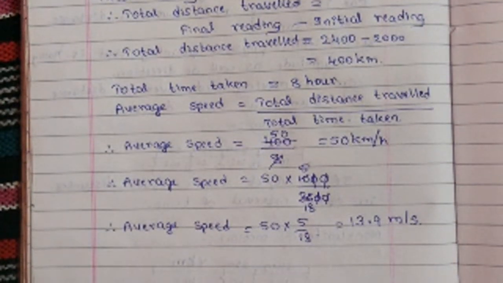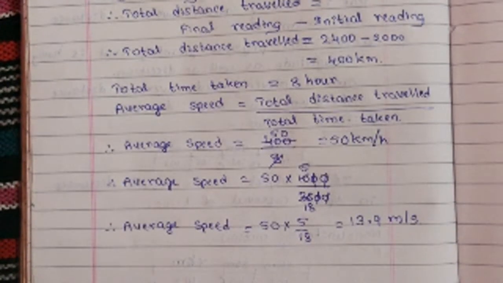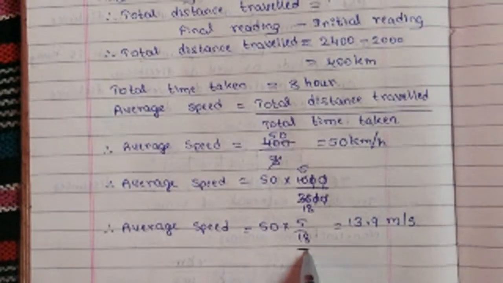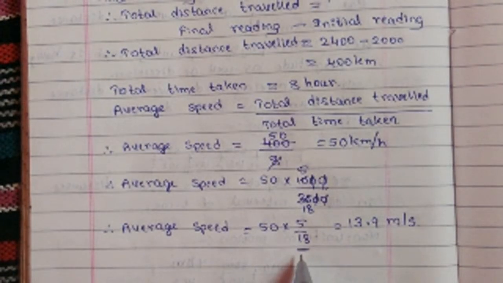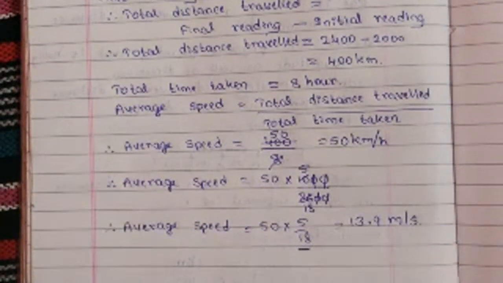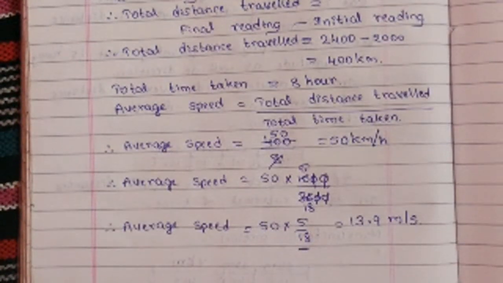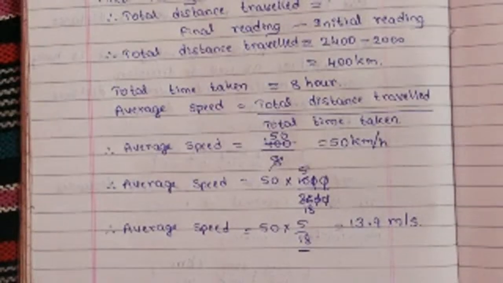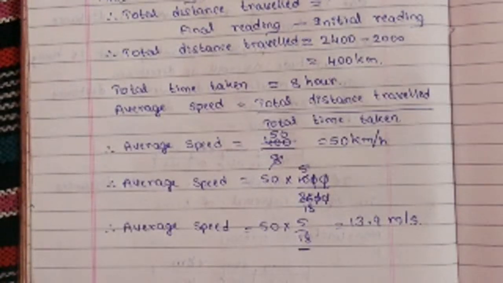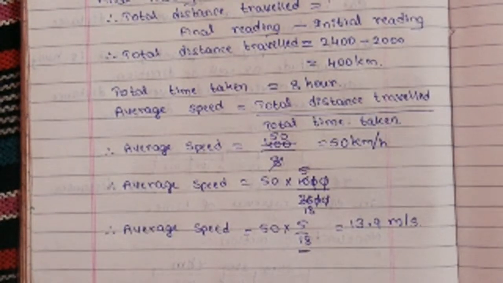So whenever you want to convert a unit from kilometer per hour to meter per second, you have to multiply by 5 divided by 18. Because here kilometer means 10 raised to 3, that means 1000, and the denominator has hours, that means for 1 hour 60 minutes and for each minute 60 seconds.